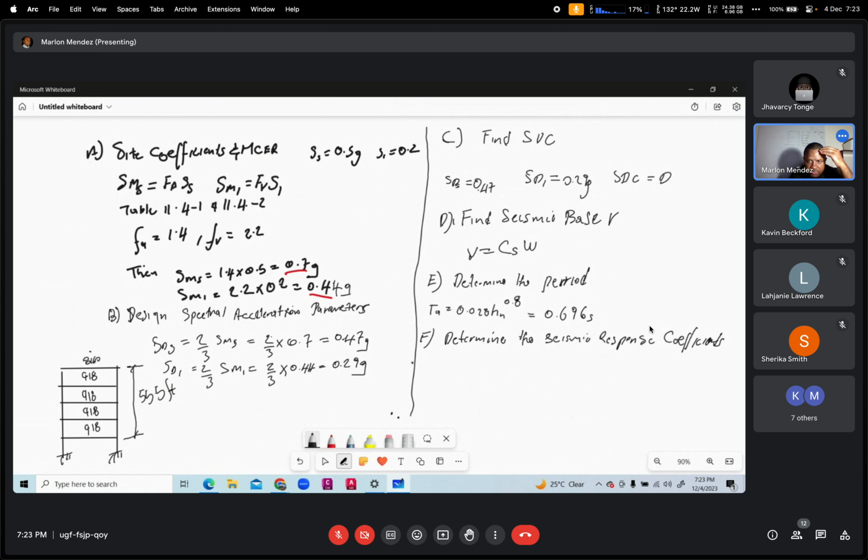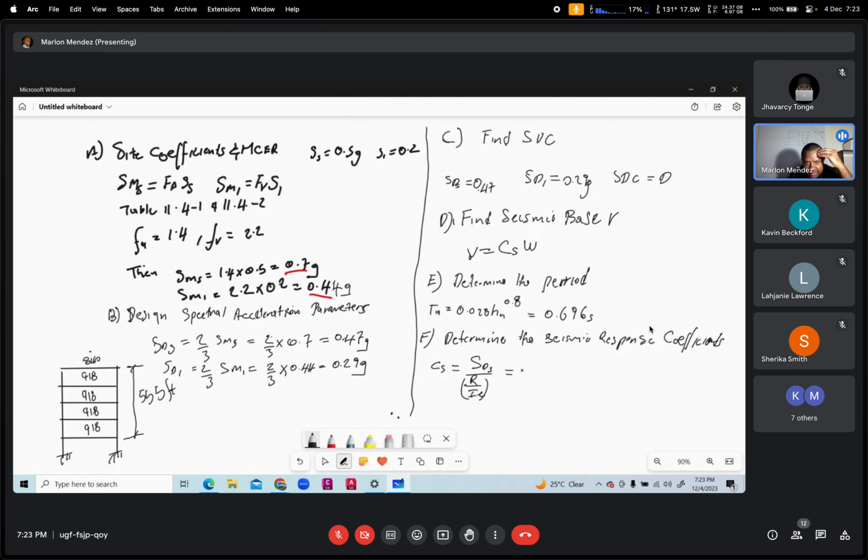It's just a matter of how you approach the table. The response, which is Cs, is equal to SDS over R divided by Ie, divided by that. Okay?